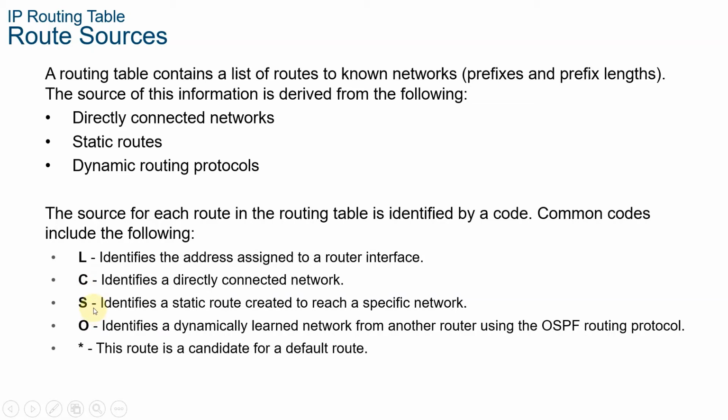Next is S. S is for static route. O identifies dynamically learned network information from another router using the OSPF routing protocol. You also have D for EIGRP. Now, asterisk: this route is a candidate for a default route.